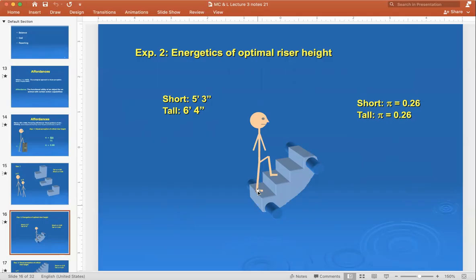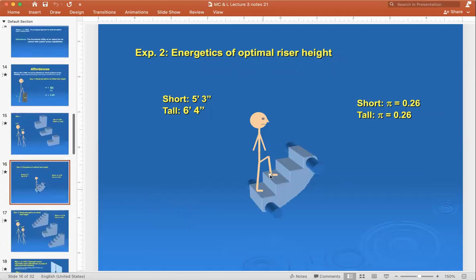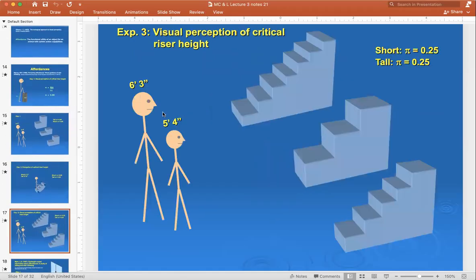He then got a whole new group of short and tall people, not the people who did this experiment, and had them observe staircases. He asked them, which of these staircases would you prefer to walk up given a choice? The height of the steps on each staircase was different across a whole series of them, and they would pick out visually which one they would prefer to walk up. What they chose, regardless of their height, was a step height of 0.25, almost identical to the step height that gave the most oxygen efficiency in the first experiment.